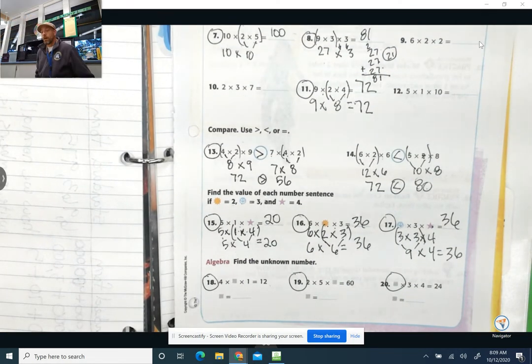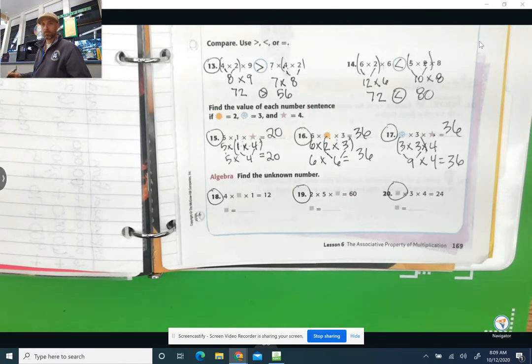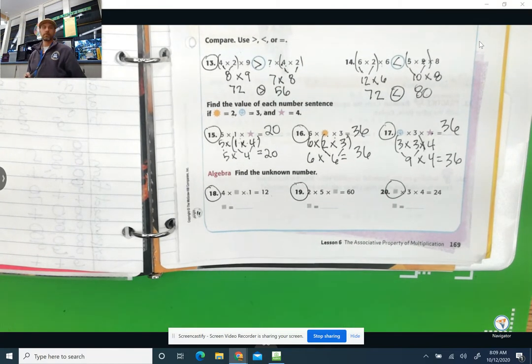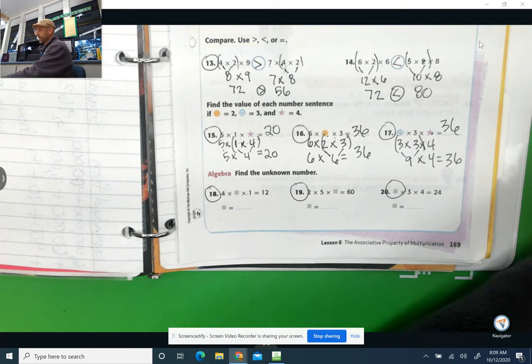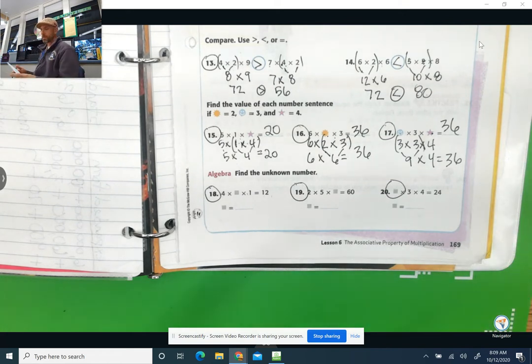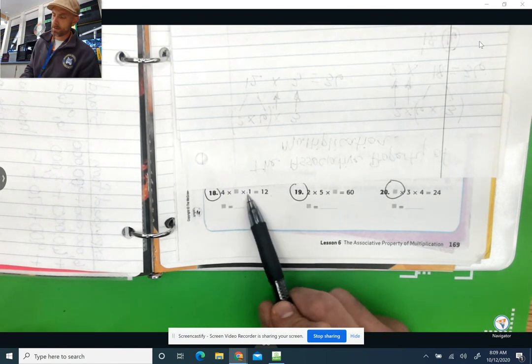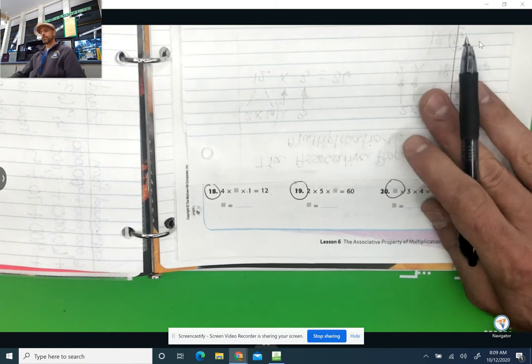All right. Here we are working with a part-whole situation. Right? Part whole. Because we have 3 factors that we're multiplying now. Okay. So what exactly are we gonna do here? 4 times something times 1 equals 12.